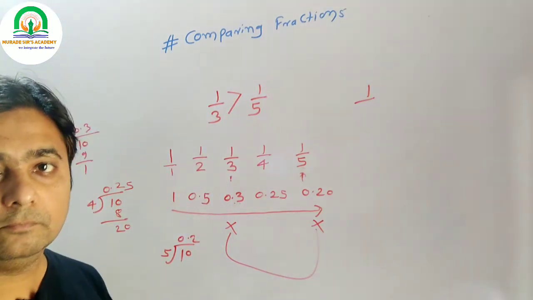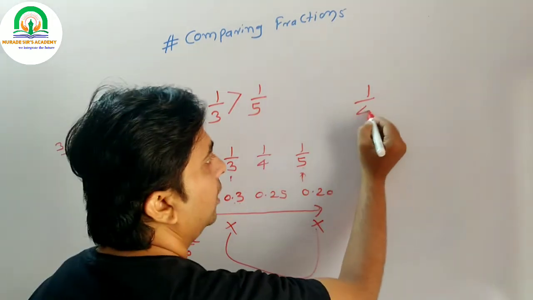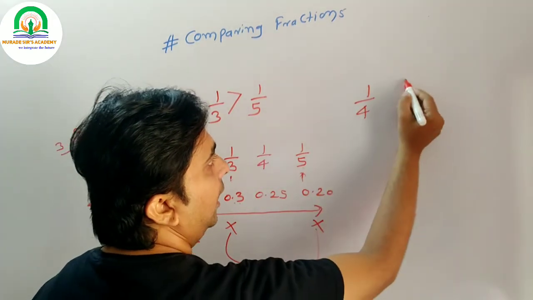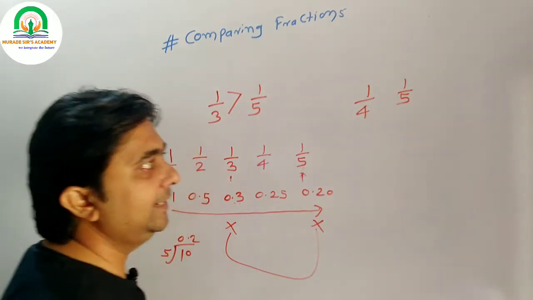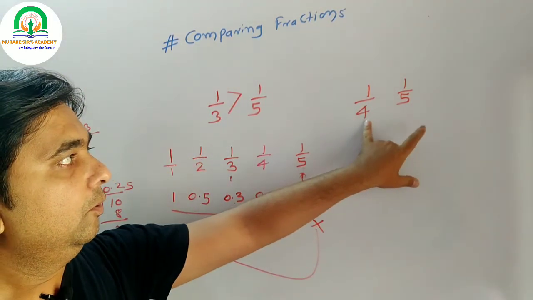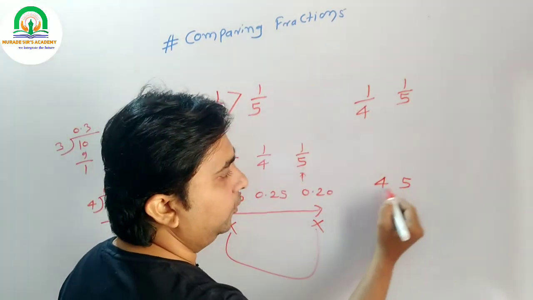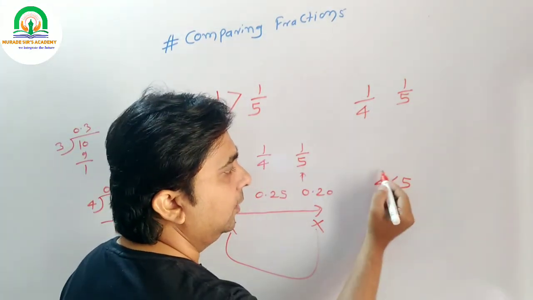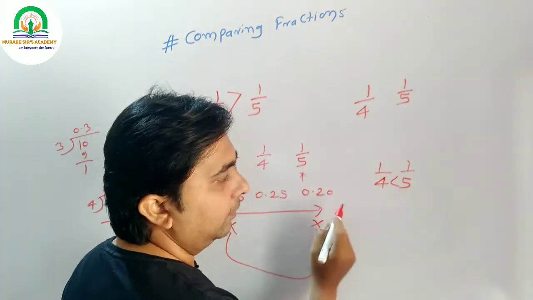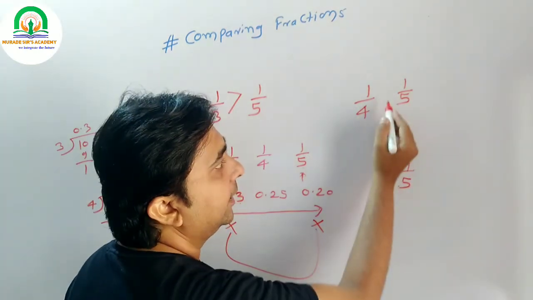Understood? Okay. Here 1 upon 4 and 1 upon 5, who is greater? Between 4 and 5, 5 is greater. But if we compare the fractions 1 upon 4 and 1 upon 5, 1 upon 4 is greater.